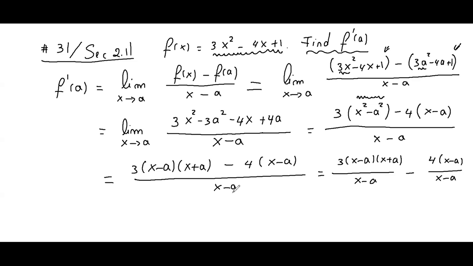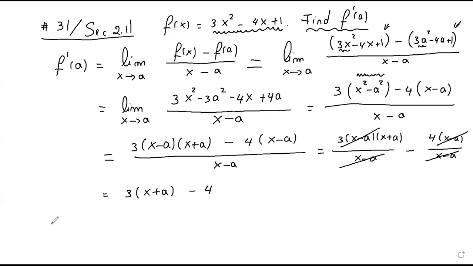So we just split this up here with the same common denominator, and we can simplify each of these guys. So there we go. So we simplify like that, and we really end up with 3 times the quantity x plus a minus 4. All right, so there's 3 times the x plus a from here, minus 4 from over here. And we're not done.